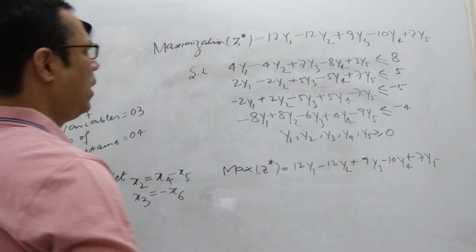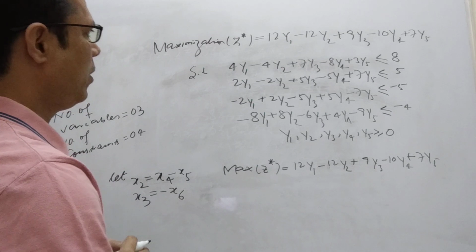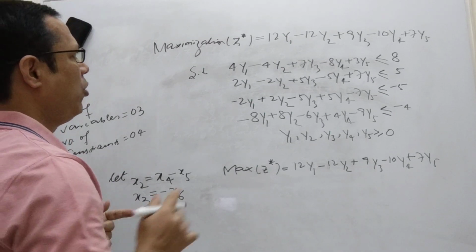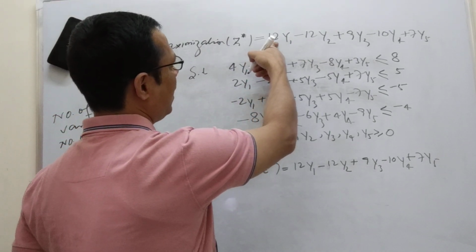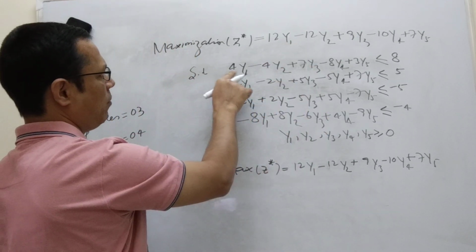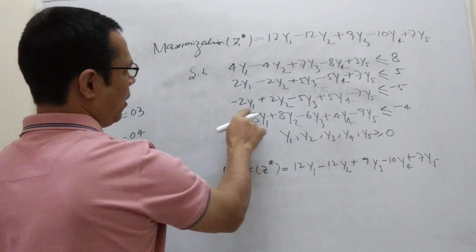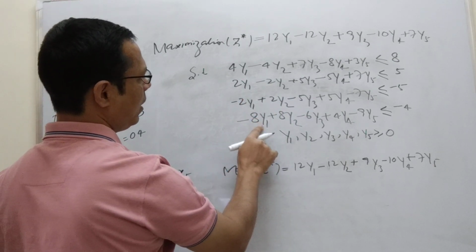Okay, so now it is very simple to see one very important thing here. If you take 12 common here, you will get y1 minus y2. If you take 4 common here, y1 minus y2; 2 common, y1 minus y2; minus 2 common, y1 minus y2; minus 8 common, y1 minus y2.